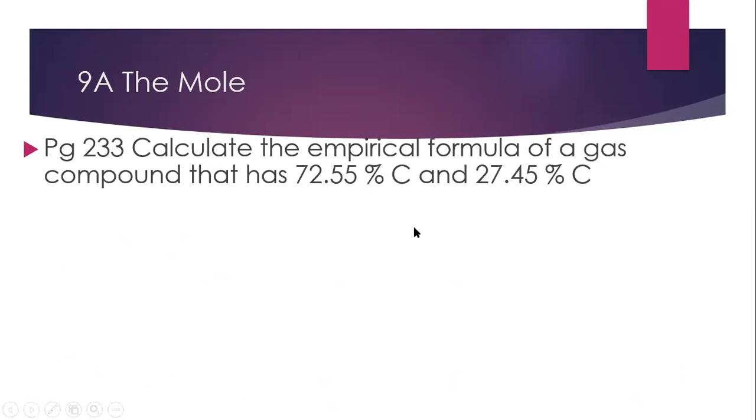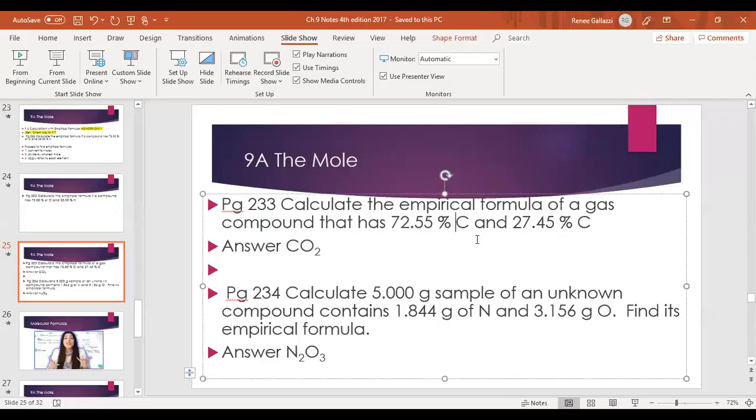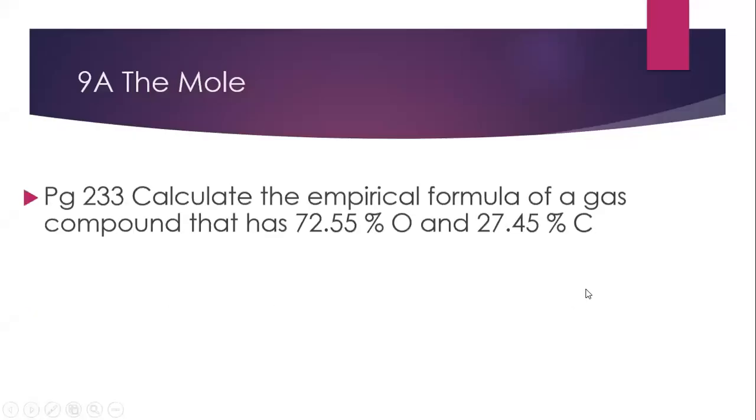Okay, this is oxygen. I'm just doing a lot of work and sometimes I make a lot of mistakes. Okay, so 72.55 oxygen, and we've got 27.45% carbon. Okay, good.